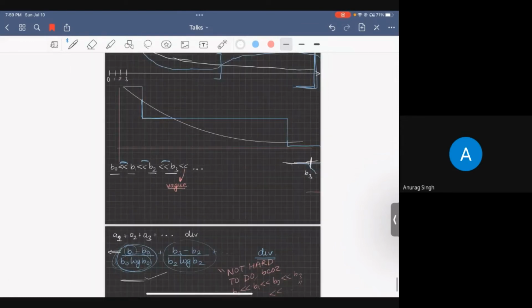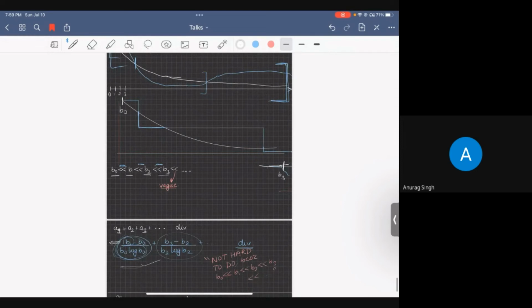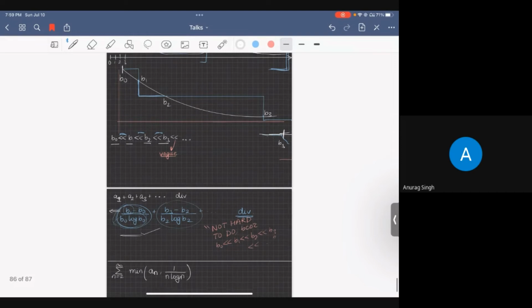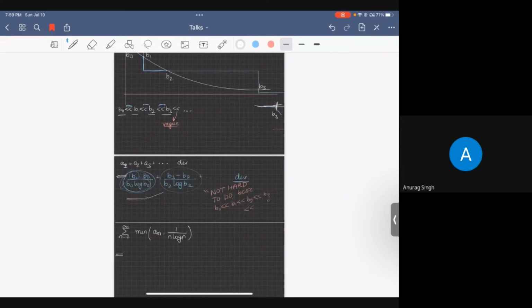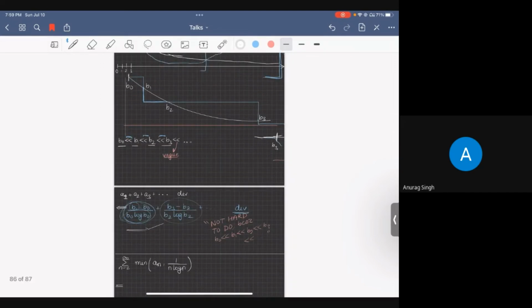Just from the diagram, again, this is b naught, b1, b2, b3, etc. So what is it? You want to add the min terms, right? This plus this plus this plus this, etc.